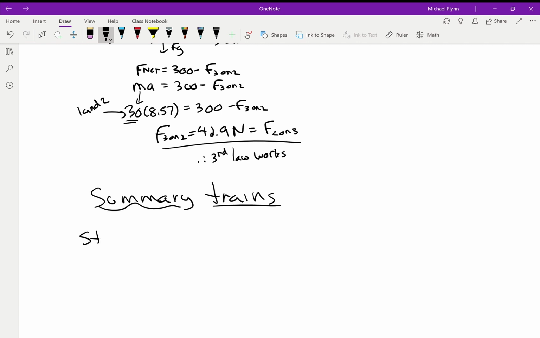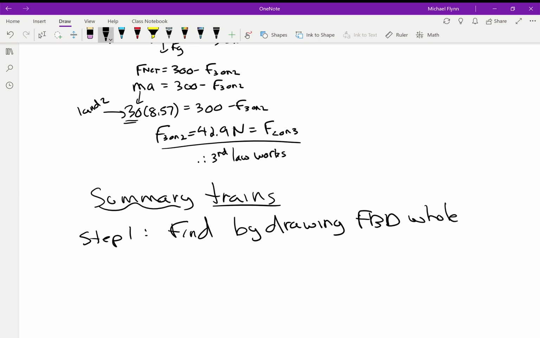You always do the 2 steps. Step 1 is to find a by drawing an FBD of the whole system.